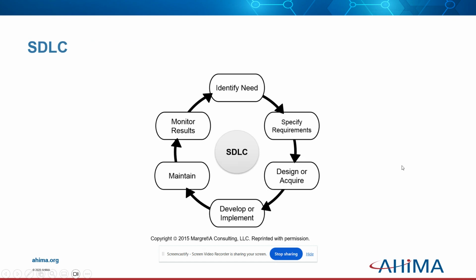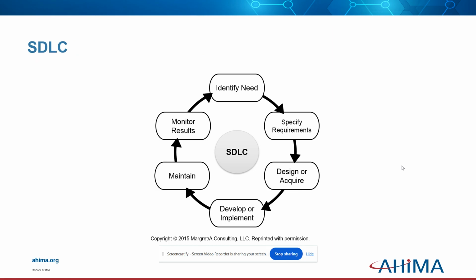And so in this graphic, we see start with that need, ultimately identify or specify requirements, and we design or we acquire a system, right? And so that's designing it in terms of customization. Perhaps we acquire it from an off-the-shelf type program.